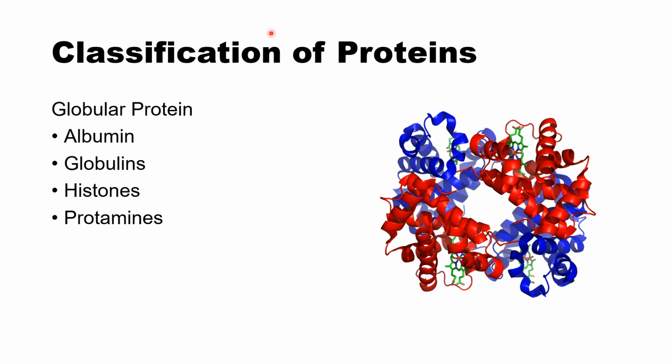Histones are the basic proteins which occur in the cell nucleus, where they are associated with DNA.